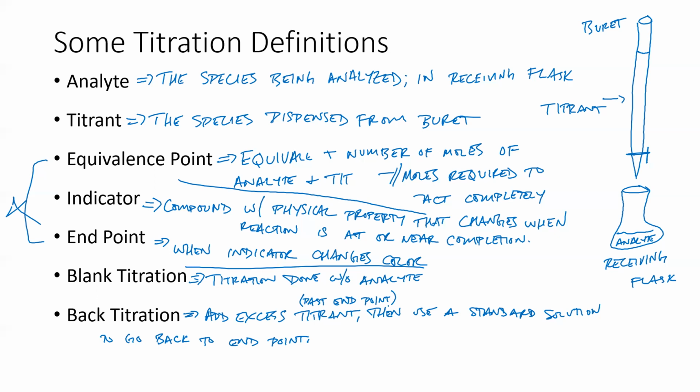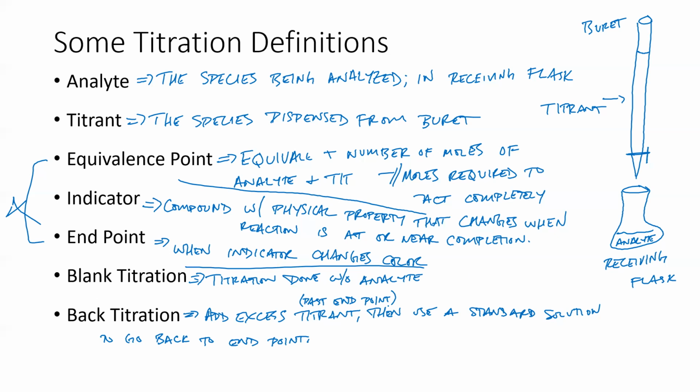Whereas with a strong acid, strong base, you go from a pH of 4 to a pH of 10 within a drop or two of your titrant. And so that's a very sharp, very clear, very quick endpoint, equivalence point. Not always the case with a weak acid or a weak base.